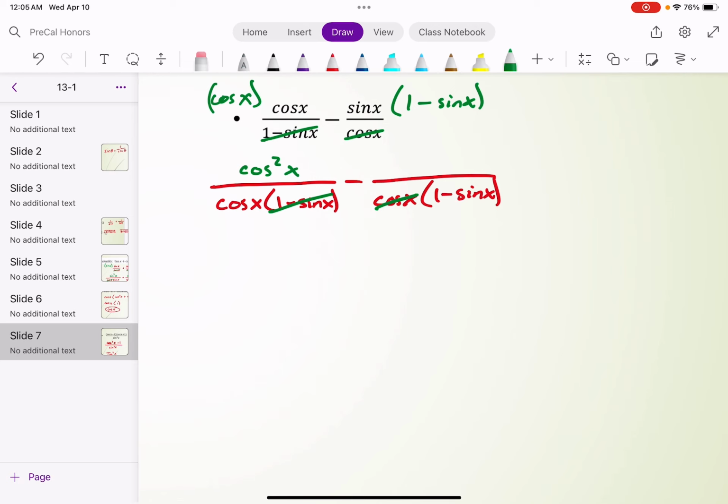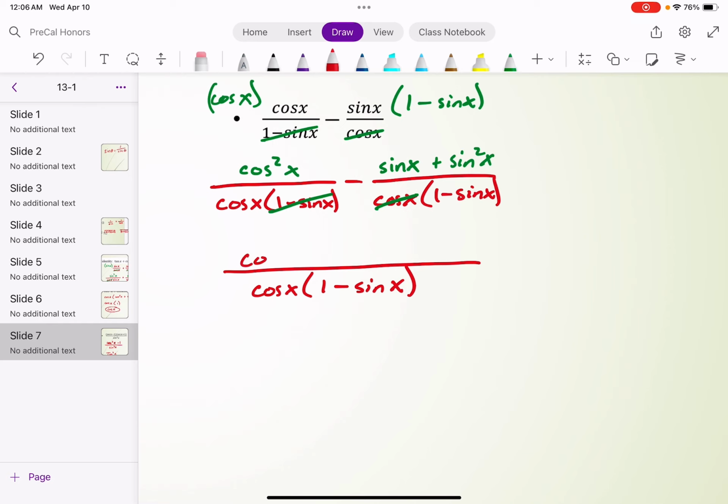When we do that, remember we need to distribute the negative to each one of our terms. We're going to be left with sine x plus sine squared x. We combine everything over the same denominator, so cosine x times 1 minus sine x. All of our terms will then be combined together.